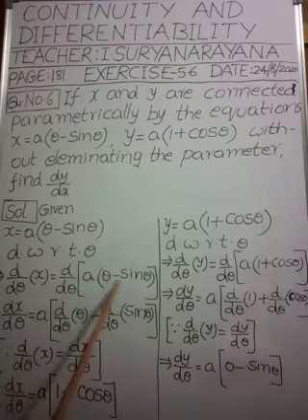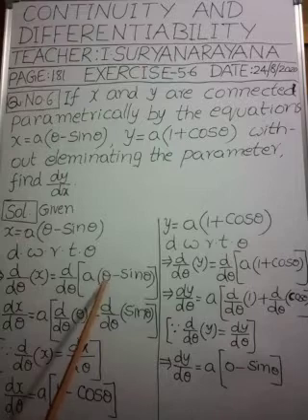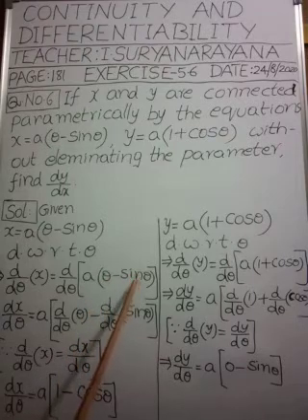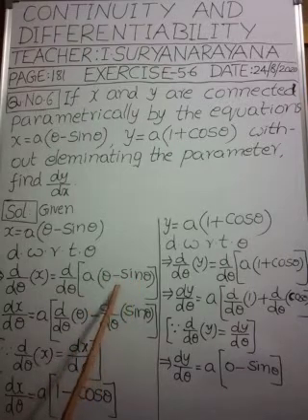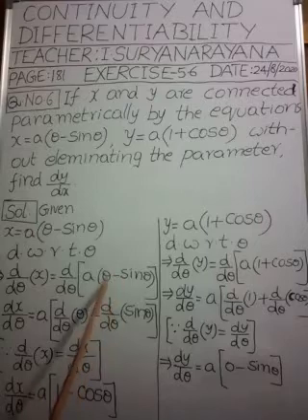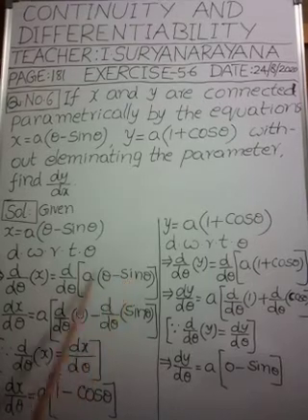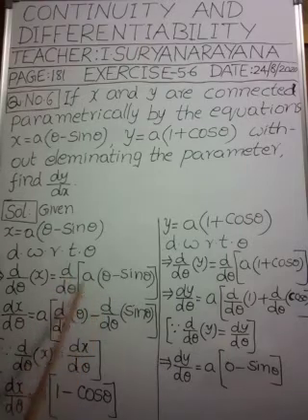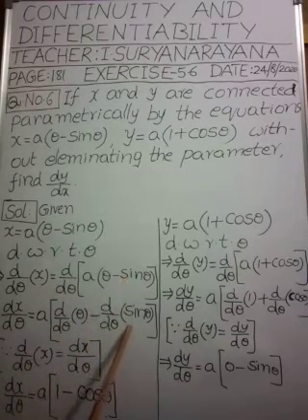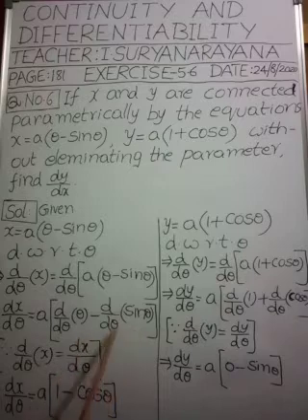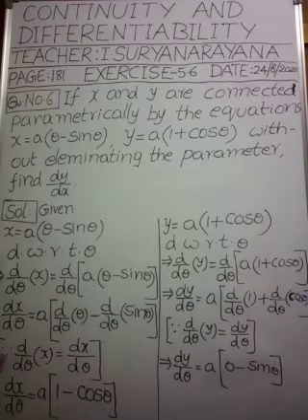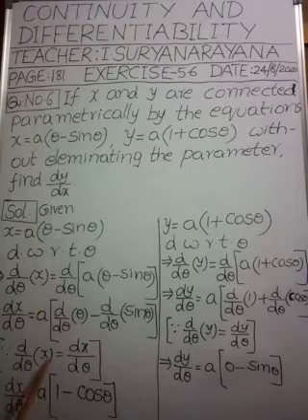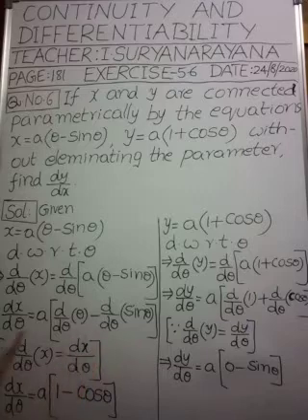Now these are two terms. Theta is one term and sine theta is the second term. So we can find the differentiations of these two terms separately. So I am writing d by d theta of theta minus d by d theta of sine theta. Understood this part in RHS? I wrote the reason also, because d by d theta of x is equal to dx by d theta. Understood this step, my children?